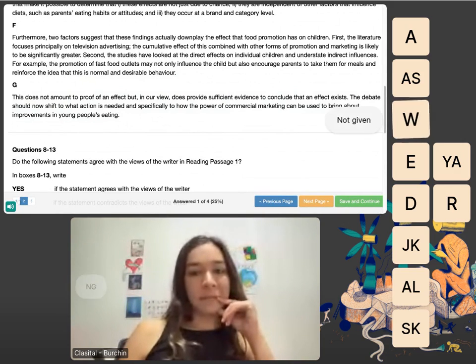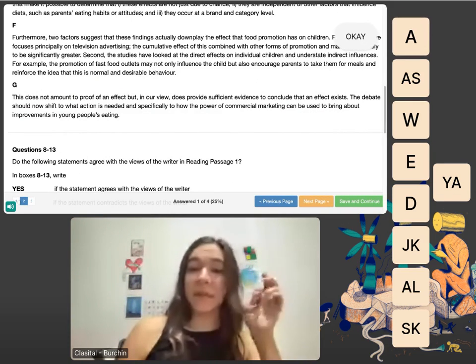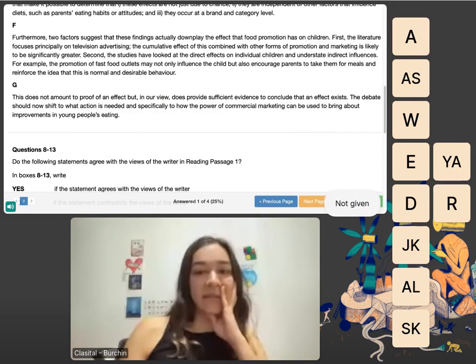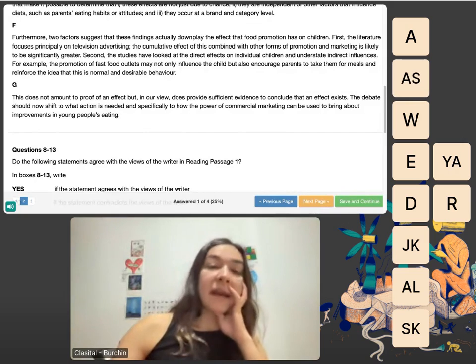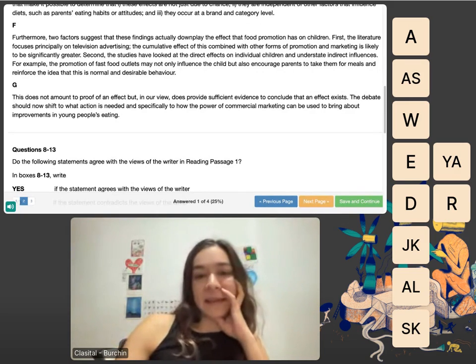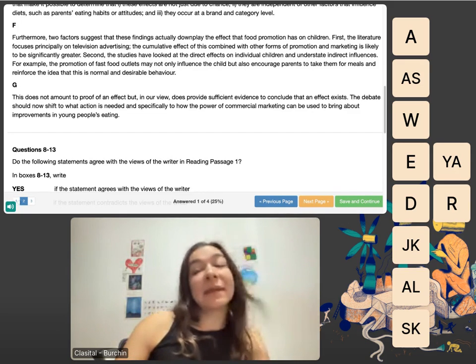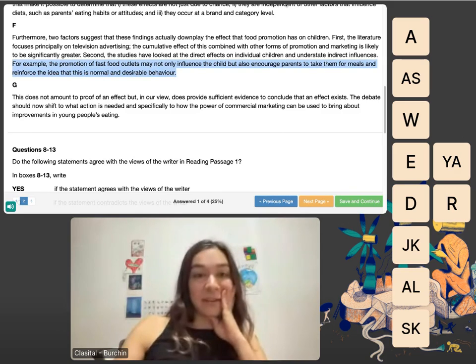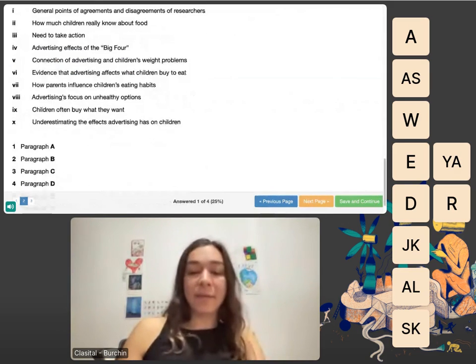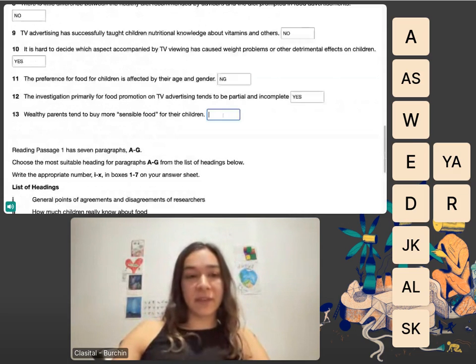This is not given. Very good. I don't see anything about the wealthy parents. I'm looking at it, but I can't see anything. They are talking about something else here. We don't know about the wealthy parents. Maybe they do, maybe they don't. I have no idea about it, so it is not given.